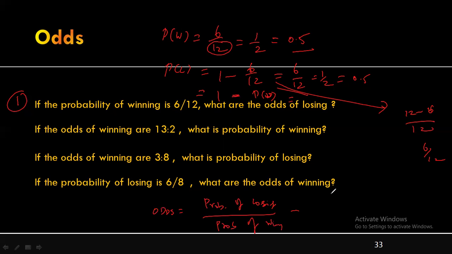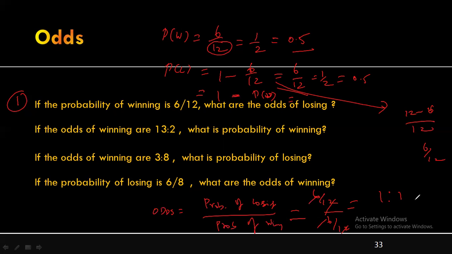Here, the probability of losing is 6 over 12, and the probability of winning is 6 over 12. The 12 gets cancelled and 6 over 6 gives 1 is to 1. So what does this say?